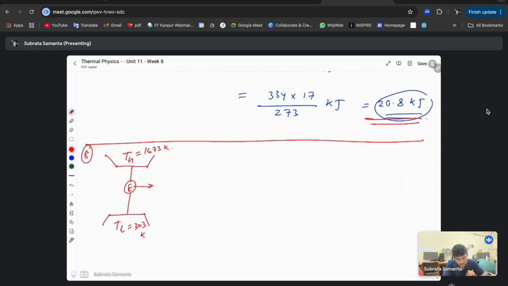This is the work done, and this is QH and QL. So the work done W is QH minus QL, right? But you know TH and TL, so how to calculate QH and QL?